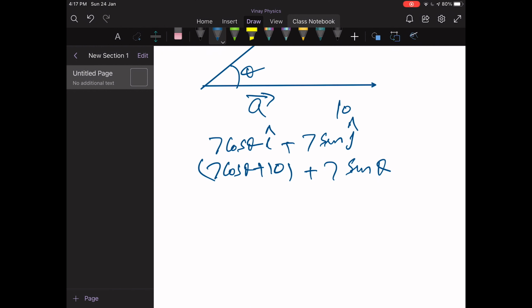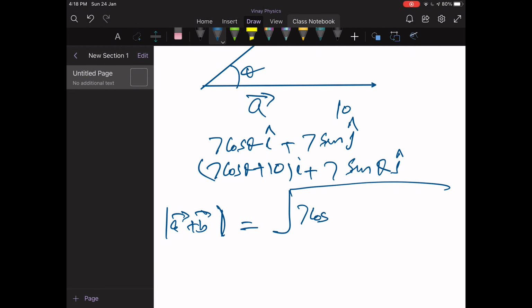And now if you wanted the magnitude of it, we know the magnitude will be the square root of the square of the factor multiplying i, the magnitude in the i direction, and the square of the magnitude in the j direction. So the magnitude of A plus B would be square root of 7 cos theta plus 10 whole square plus 7 sin theta whole square.